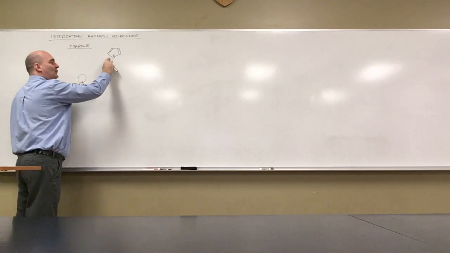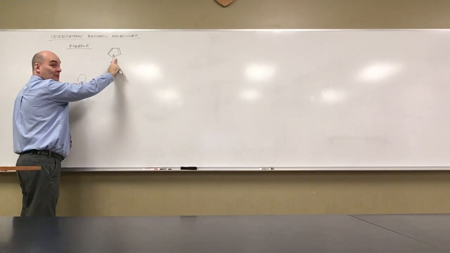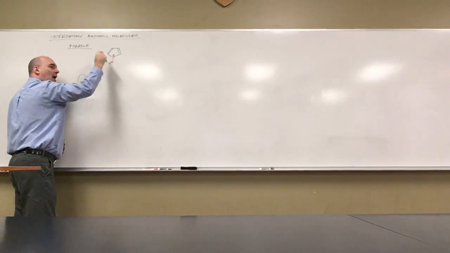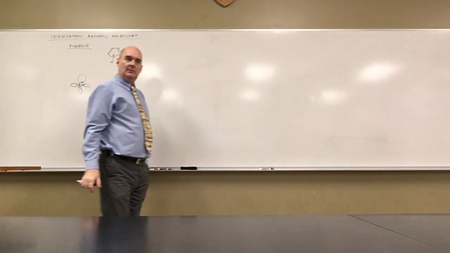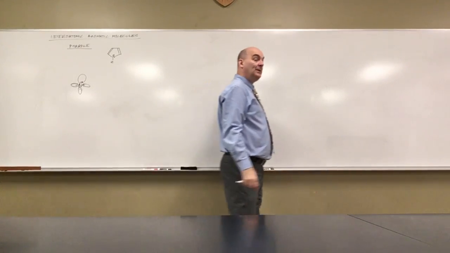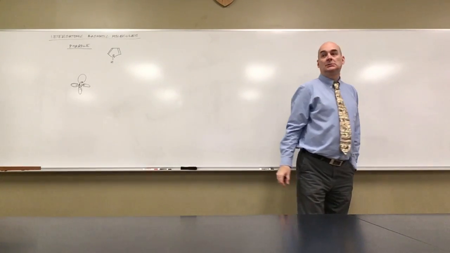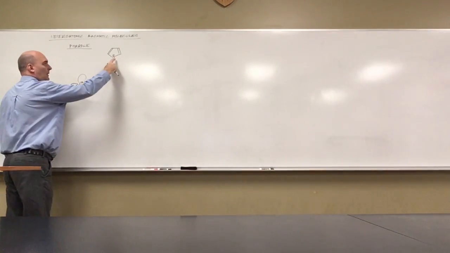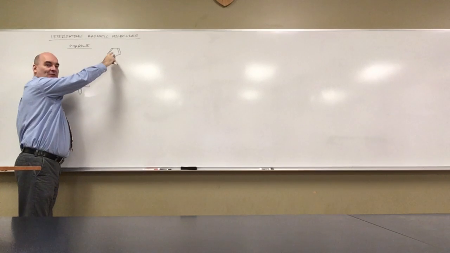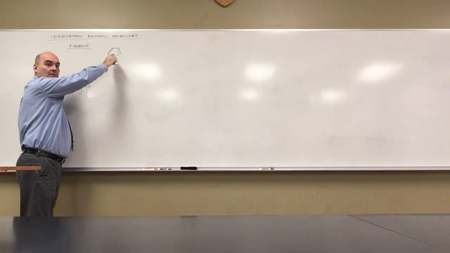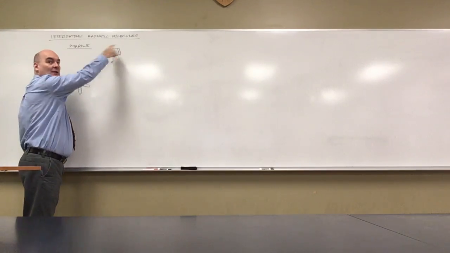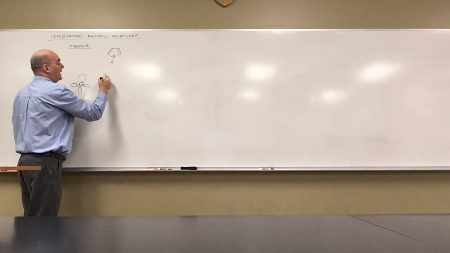That lone pair of electrons could stay as a localized pair on that nitrogen and be used as a base. Or it could serve a higher purpose and donate itself into the ring, and then be delocalized and make this ring aromatic.